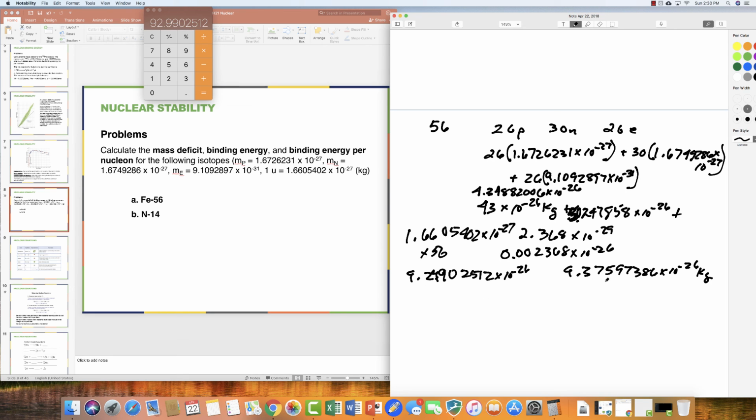If we subtract these two, the difference is going to be 7.694874 times 10 to the minus 28 kilograms. If we did that per nucleon, we'd have to divide this number by 56.